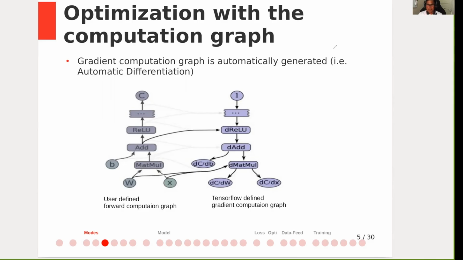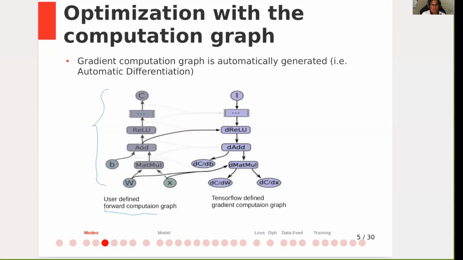What TensorFlow does is it automatically creates a gradient computational graph, or a backward computation graph, based on the computational graph for the forward pass. So this is the forward pass, or the forward computational graph, which is based on our specification of the model.